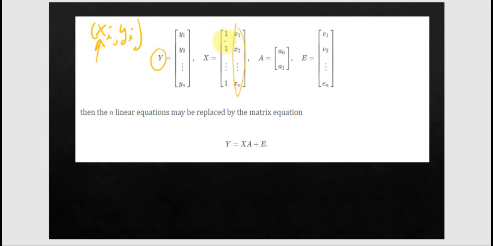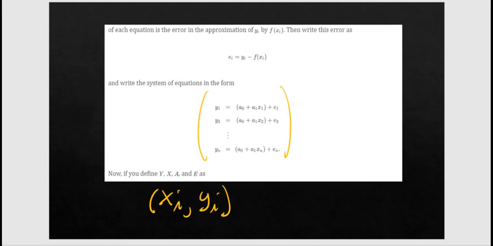And notice here that this 1 actually represents, let me go back, those 1s actually represent a sub naught times 1. Once we pull these a sub naughts out, then we have in that position a coefficient of 1. So it's 1 times a sub naught.